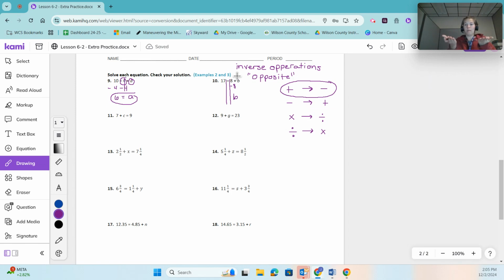They need to be the same, all right? So if I subtract 8 on one side, I have to also then subtract 8 on the other so they can stay equivalent or balanced. Okay, so minus 8 on that side, that's going to give me 9 equals b. Okay, and that equal sign stays in the middle. All right, so 9 equals b for that second one.